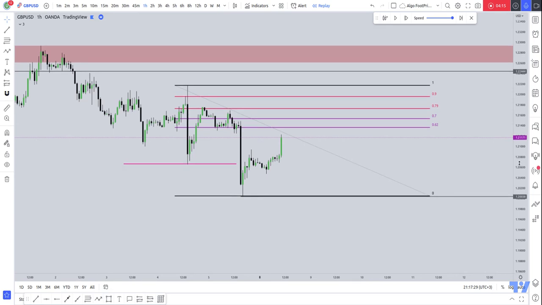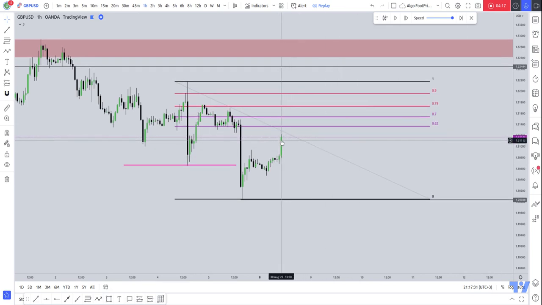Now, why wasn't I looking for sell orders right here? Because even though we have this imbalance right here, I personally don't look for any positions based on imbalance alone. I need imbalance, I need an order block or a breaker, whichever it is.